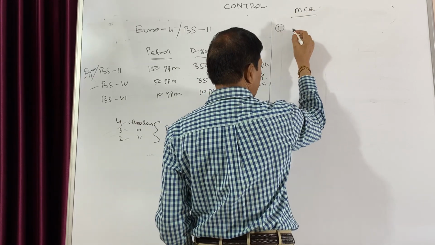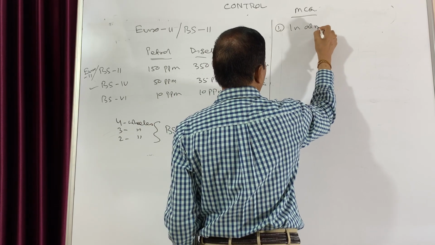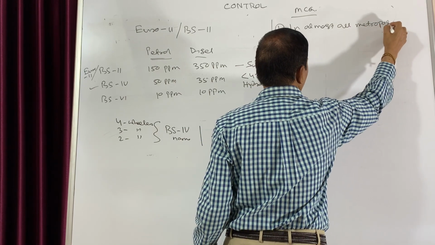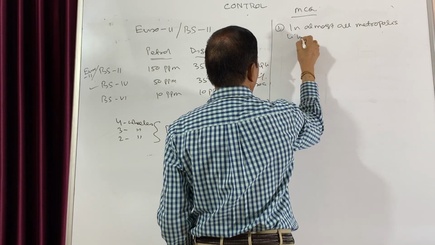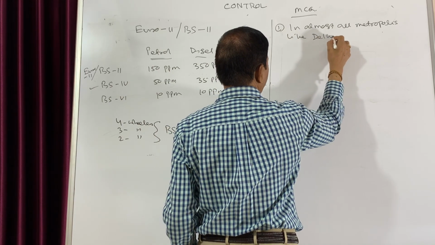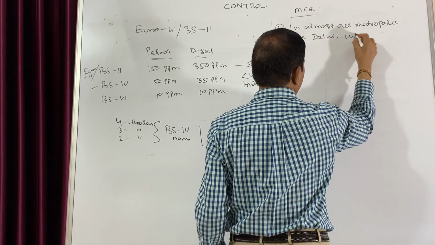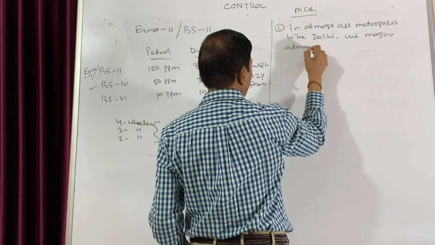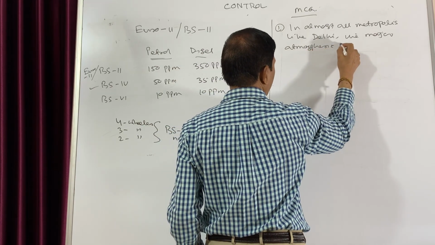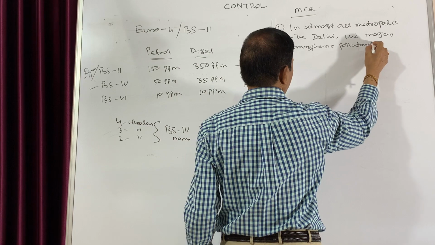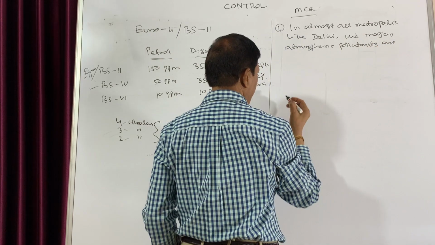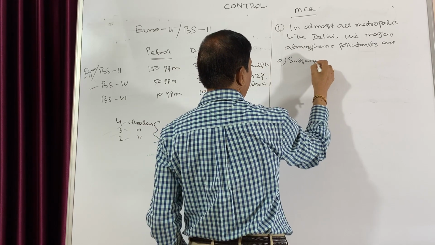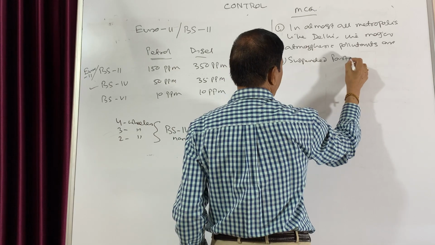So one question: in almost all metropolises like Delhi, the major atmospheric pollutants are, as well as suspended particulate matter.